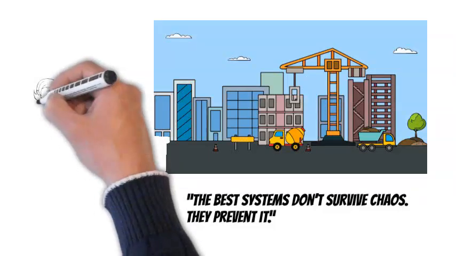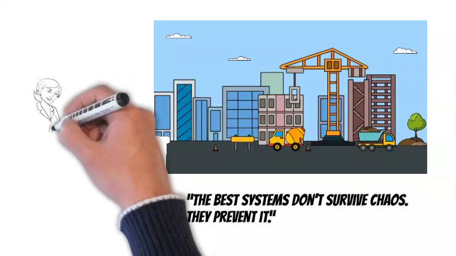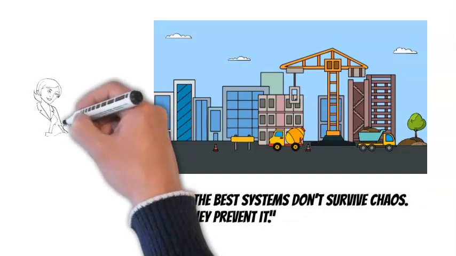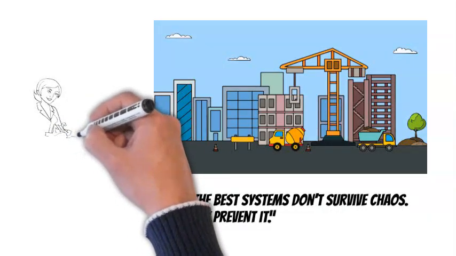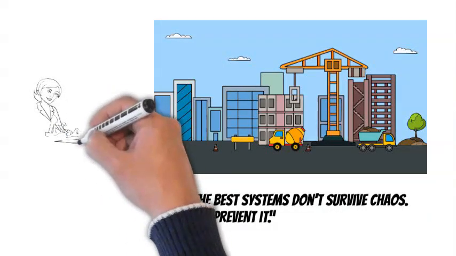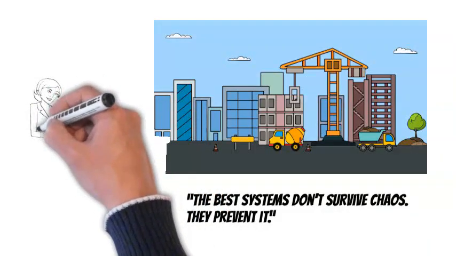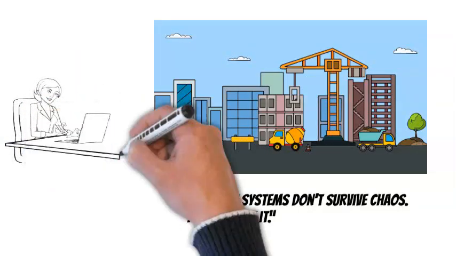They uncover failure modes before systems break, and they strengthen dependencies before something collapses. When those upstream practices are working, the system stabilizes. People don't have to perform heroics, leaders don't have to manage chaos, and the organization doesn't drift into crisis.